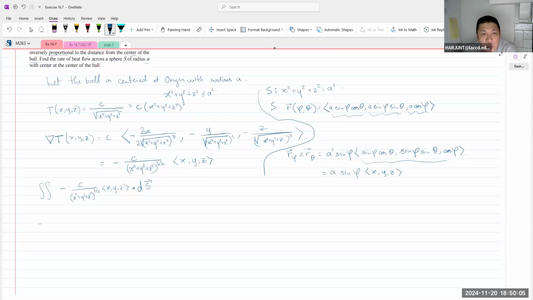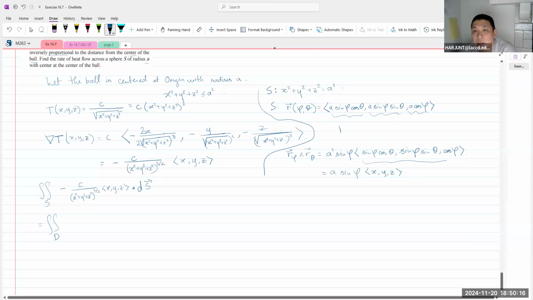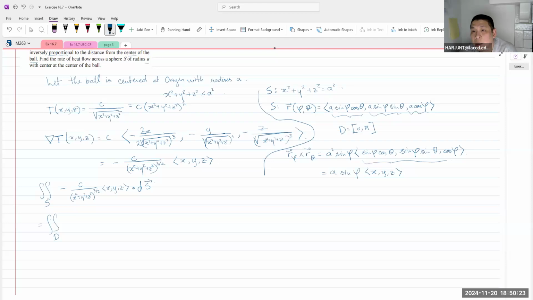Okay, so this will become on the domain D, where D is for phi from 0 to pi, and then theta from 0 to 2 pi. Okay, so this is c over a to the power of 3, huh? That's a to the power of 3, but we have x, y, z.